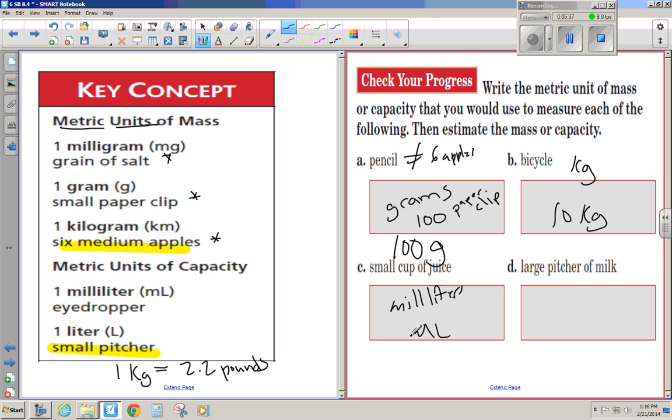Think of an eyedropper, about 100 drops. So we're going to say 100 milliliters. A large pitcher of milk: a small pitcher is 1 liter, so a large pitcher is for sure going to be liters. We're going to say 3 liters of milk.